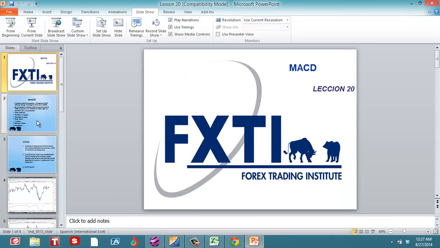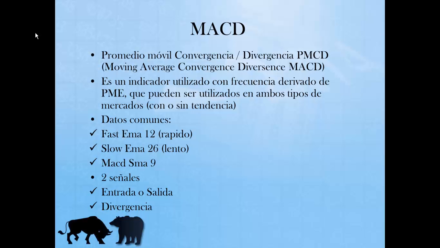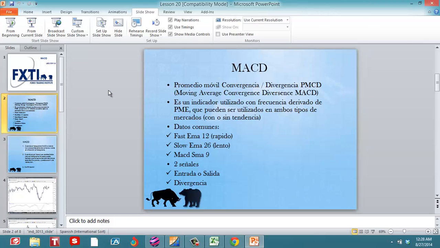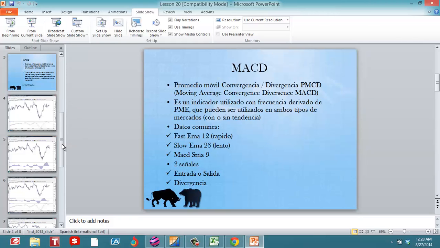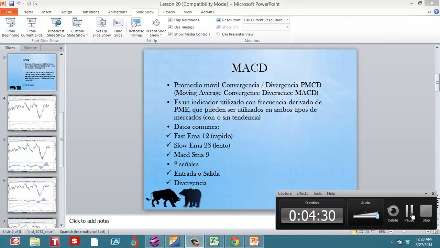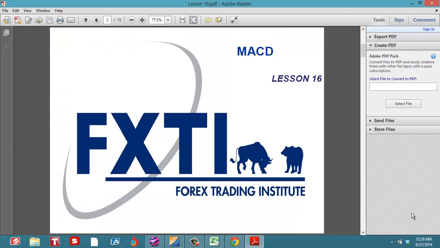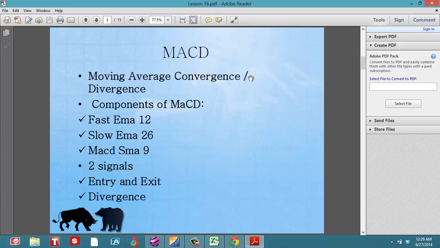Now what's MACD? MACD is an indicator. It's a moving average convergence divergence, and what we're going to learn here is how to find the divergence.